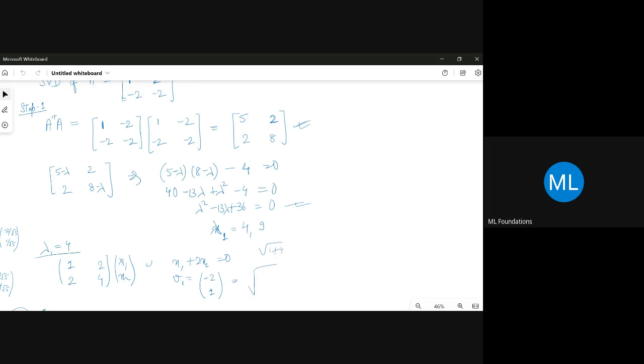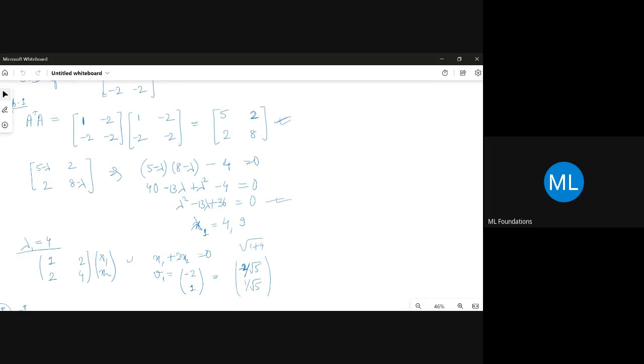So this is going to be minus 2 by root 5, 1 by root 5. Is this right? All of you got the same answer for lambda 1? Yes, ma'am.